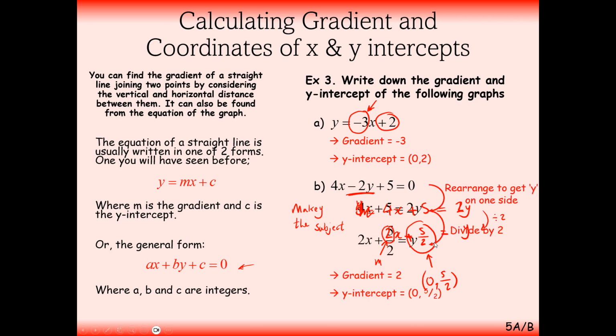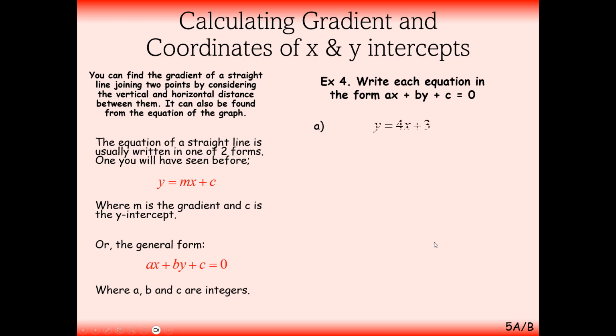All right. So in this next example, we've been asked to write it in this long format here. We have to bring the x and y terms to one side of the equation, make sure it's equal to 0, and if there is a fraction, we need to make it a number. I'll show you how you deal with fractions in a minute. First of all, we subtract y from both sides.